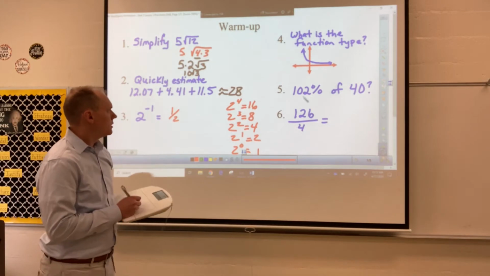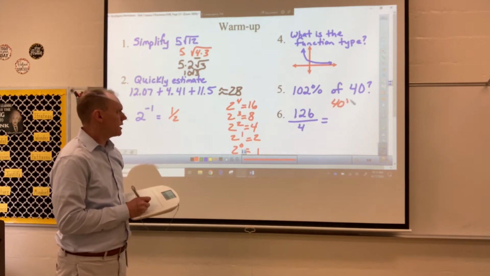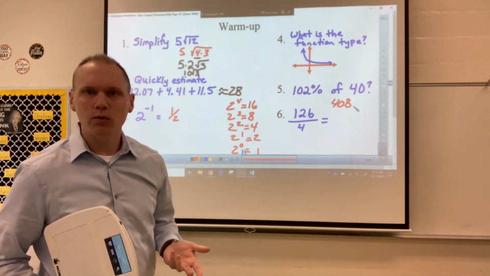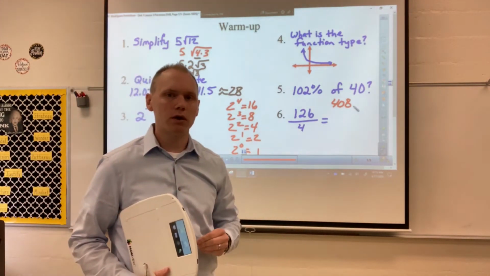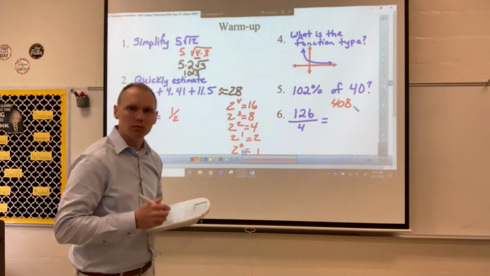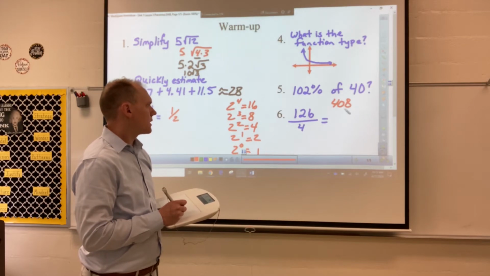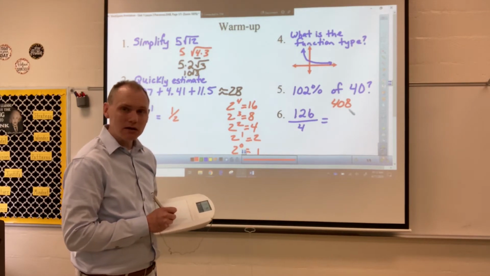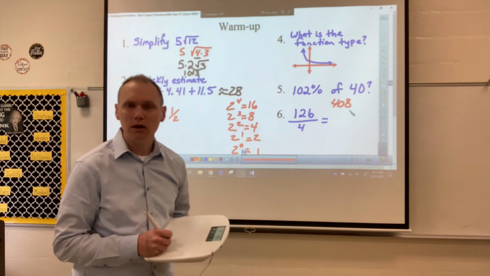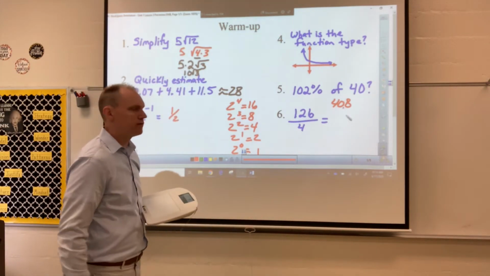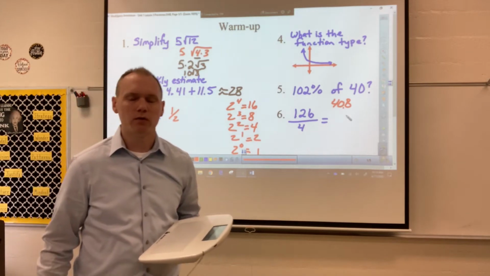So is our answer 408? Does that make sense? No, it doesn't, right? We said it was going to be just a little bit over 40. So again, we're going to move our decimal back. So is it 408? Is it 40.8? Is it 4.08 or 0.408? Which makes the most sense here? And obviously that's going to be 40.8.